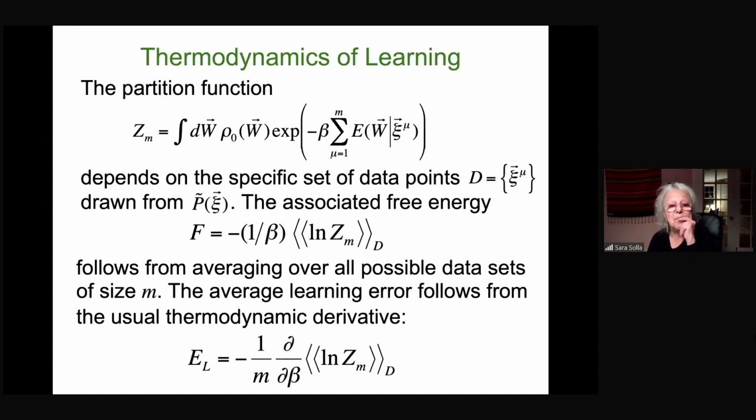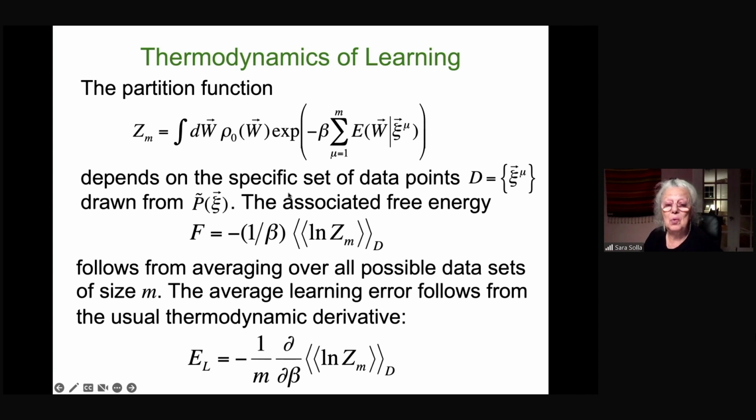So now, this partition function that we have defined, Cm, which is the integral dW rho 0 of W e to the minus beta times m times the learning error, of course depends on the specific set of data points. Even if we fixed m, it depends on which m points we have drawn at random to use as the training set. So we assume that these points are all drawn from a probability P tilde of psi.